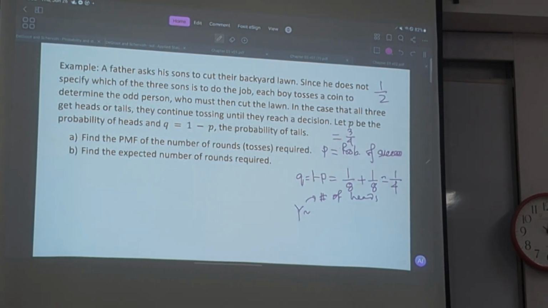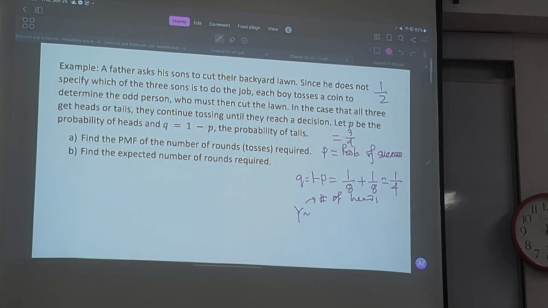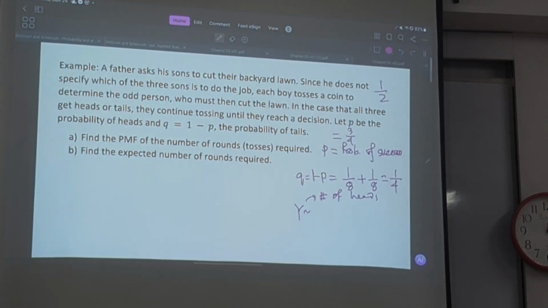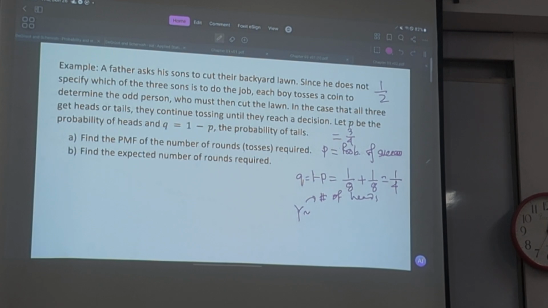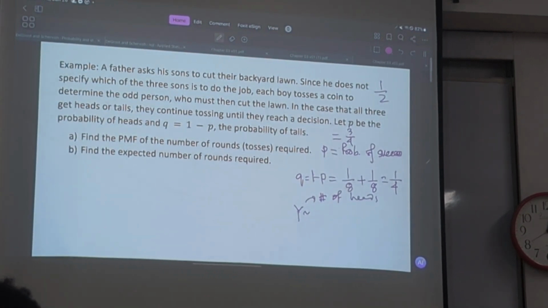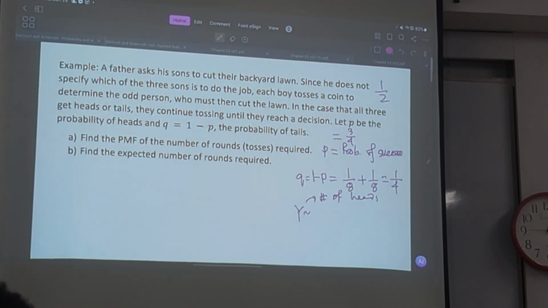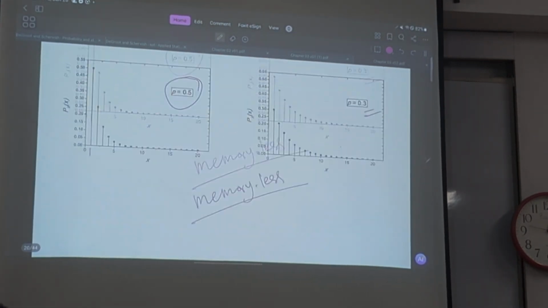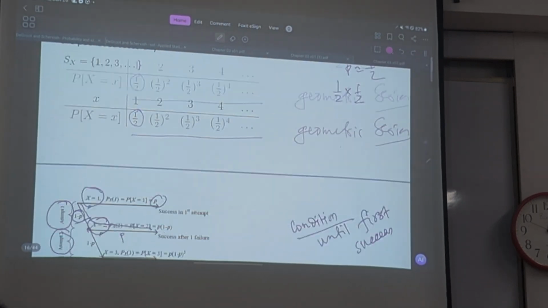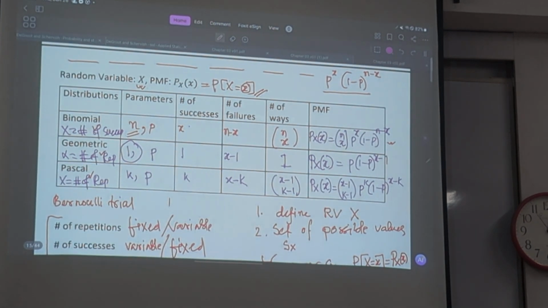Is it binomial? Right? So is the number of successes fixed or is the number of repetitions fixed? The number of repetitions is fixed. The coin is tossed 3 times. So the number of successes is the random variable.